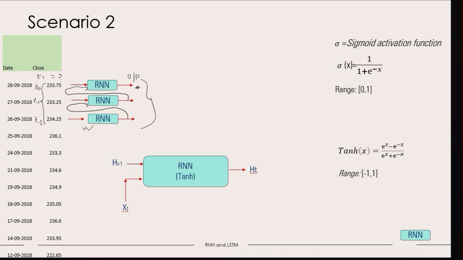This entire RNN layer we can represent in short as this block diagram, where this green rectangular box shows the RNN layer with an activation function of tanh, and this represents the hidden layer output, meaning the input coming from the output of the previous step. That's why h t minus 1.